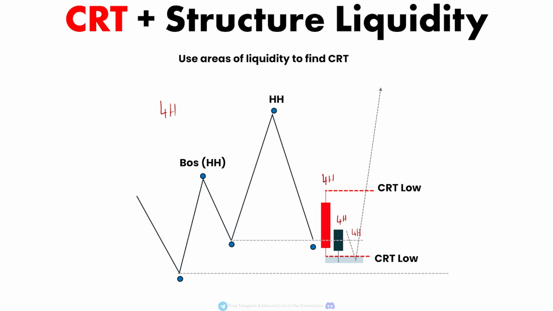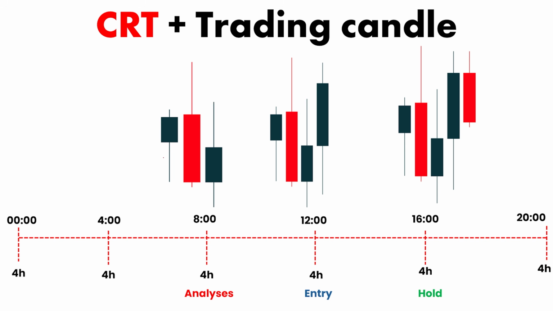But let me give you a perfect view on how to understand. Let's say this is the 4 hours time frame on a daily basis, on a daily candlestick. We have the first candlestick here, the second, and then the third. This is where you make your analysis. And then when this candlestick closes, this is the time frame that you are looking to make the entry.